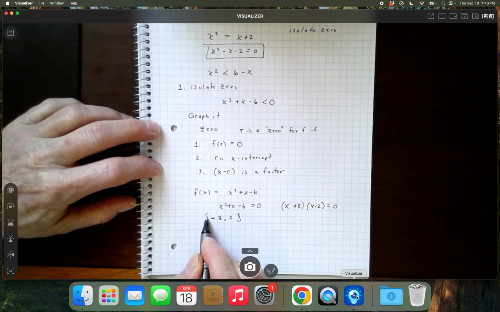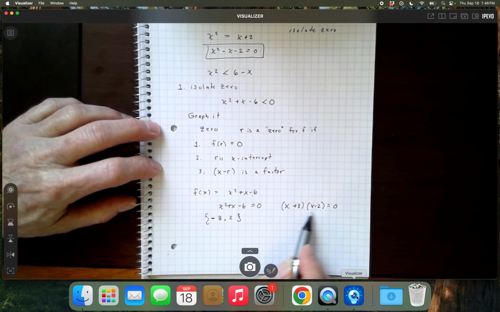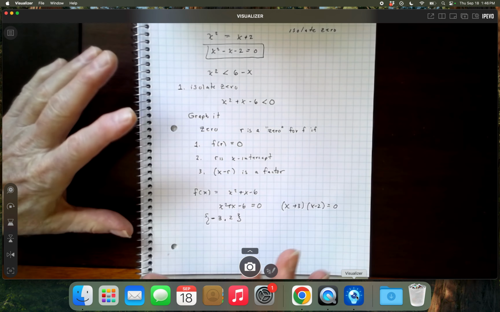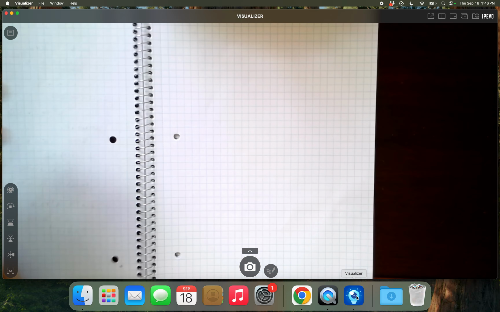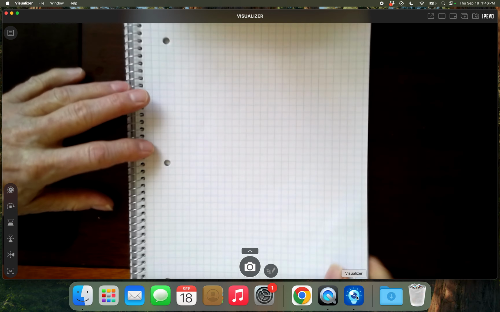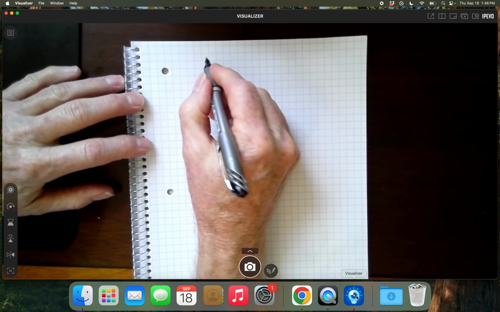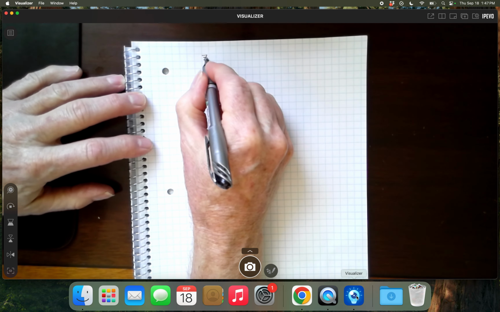Those are my zeros. And if you went this way, if you found out that these were your zeros, then these would be your factors. That's what we mean by a zero. Okay, then we now want to introduce something called a zero plot.